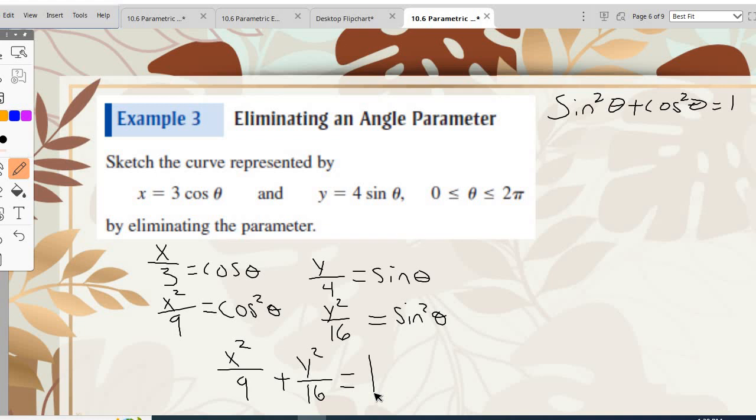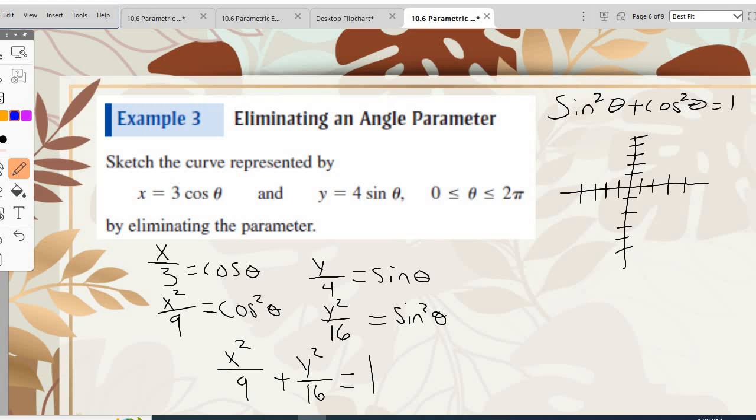Yes? But now let's think back to something else. What is that the graph of? It's not a circle. It's not a hyperbola. Hyperbola has subtraction. It is an ellipse. Yes? Which side is going to be longer?